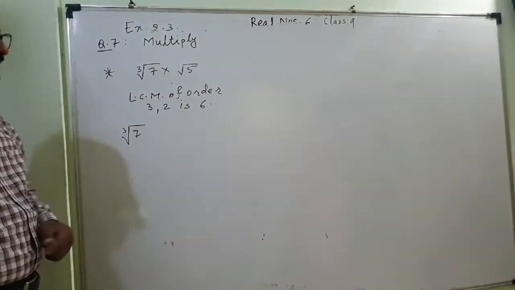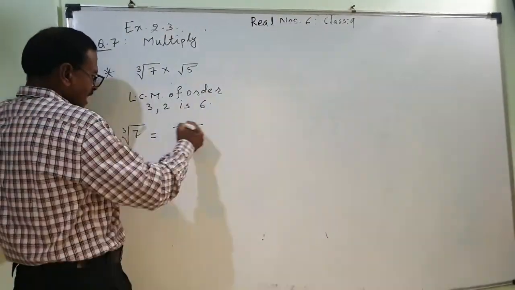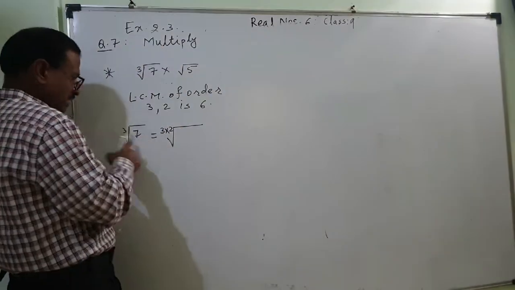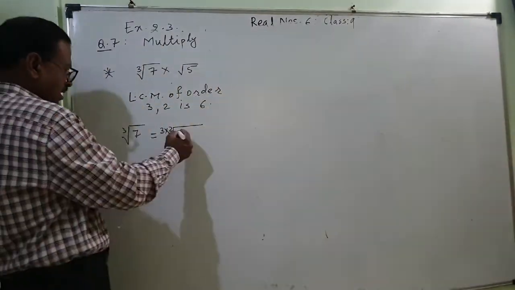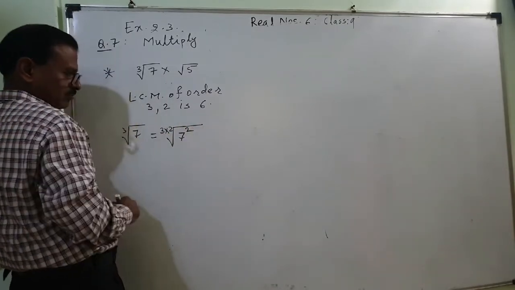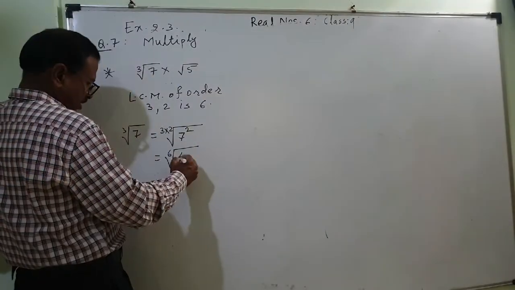In compare the following surds, I have taught you this. This is equal to, what I have to write is 6 here. So 3 into 2 I will write. Then it will become 6. Here this 2 I have taken extra. So I will write 7 square. So that is equal to 6th root of 49.